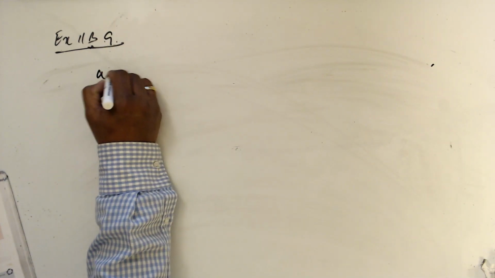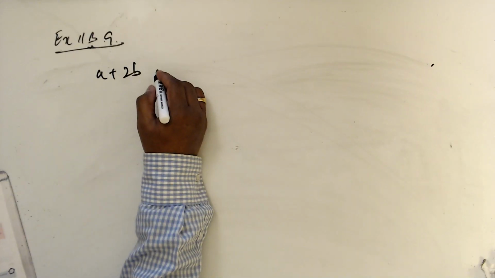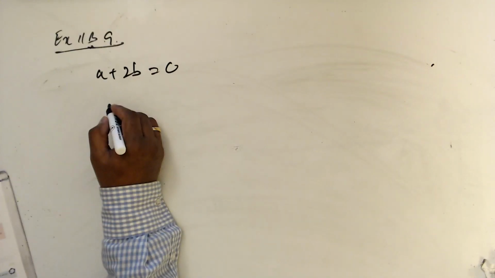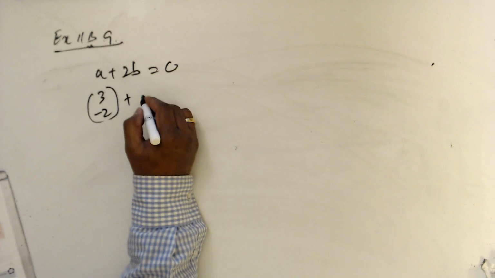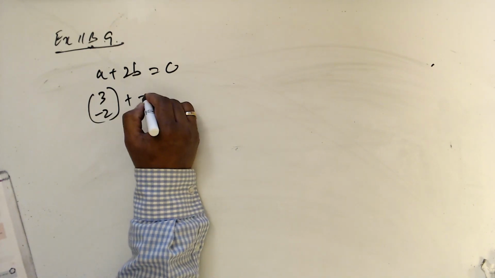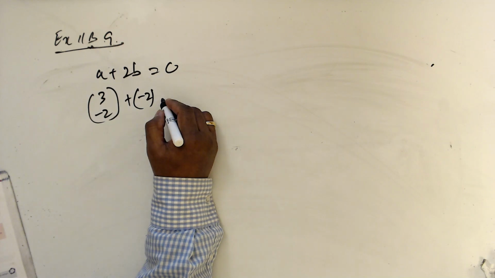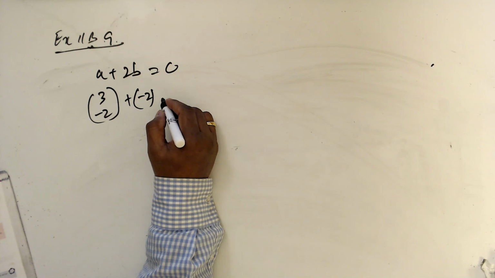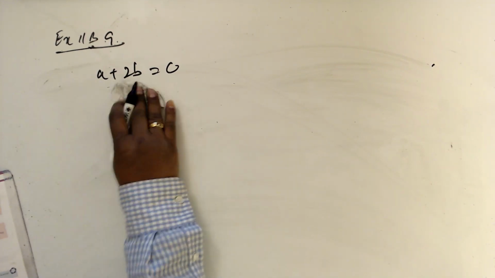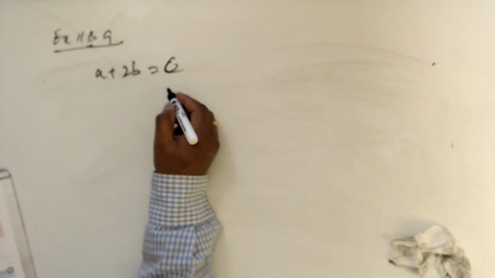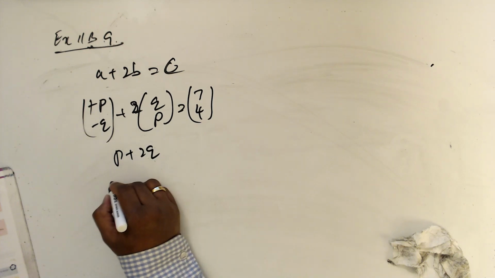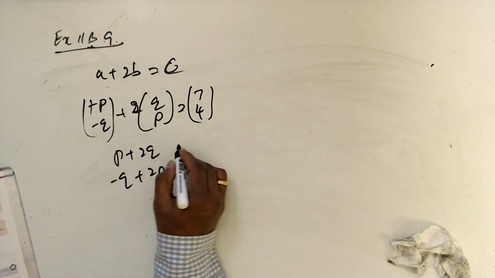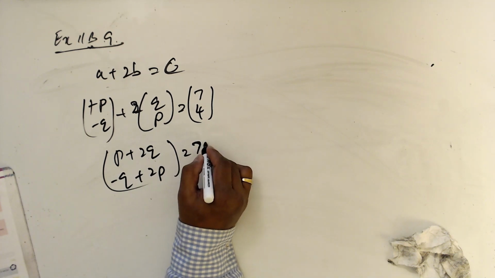Question number 9. a plus 2b equals a, 3, minus 2, plus 2 times b, minus 2. So this is going to be p plus 2q and minus q plus 2p equals 7, 4.